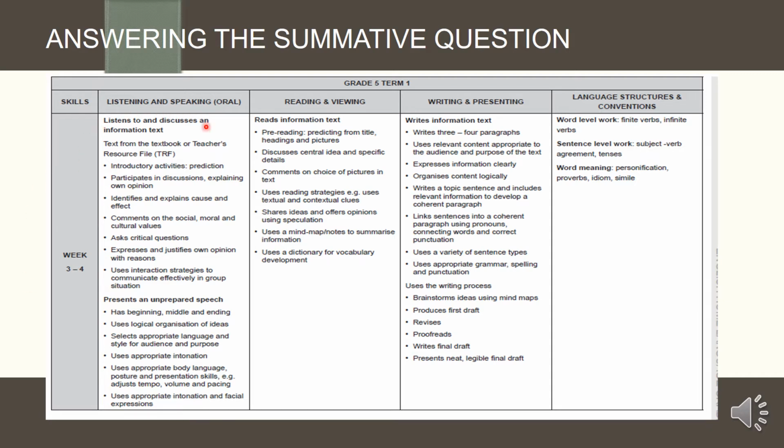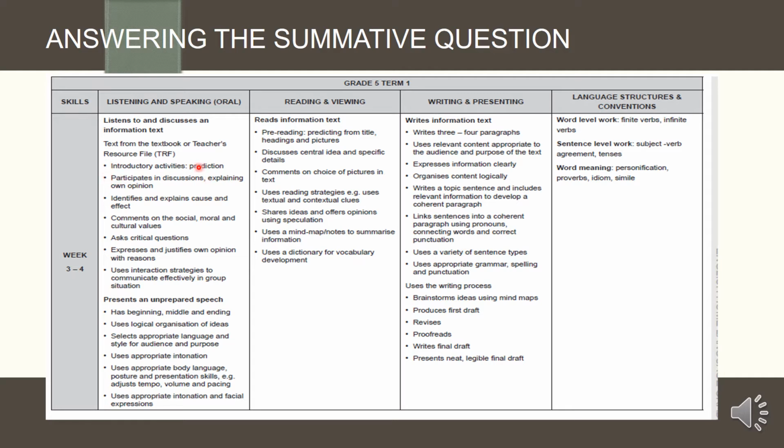So for us, listening, we are going to look at this block, right? Let's read through it. Listens to and discusses the information text, text from a textbook or introduction.